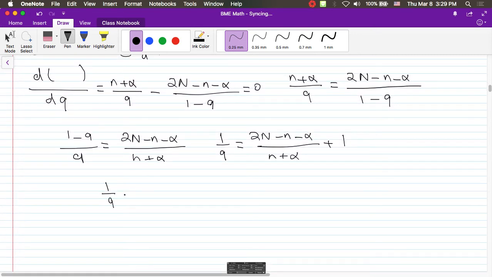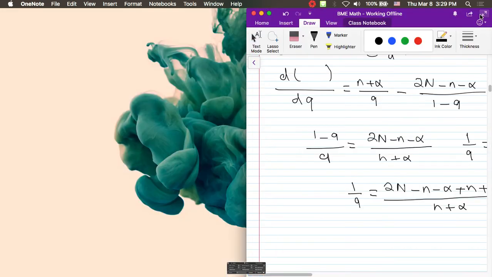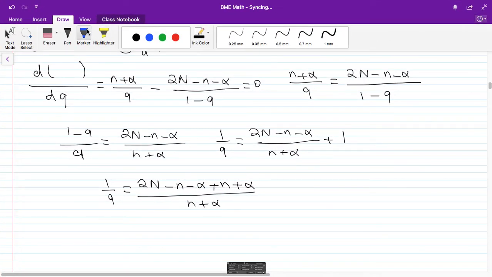So I get 1 over q equal to (2N minus n minus alpha plus n plus alpha) over (n plus alpha), which is equal to 2N over (n plus alpha), which means q is (n plus alpha) over 2N.